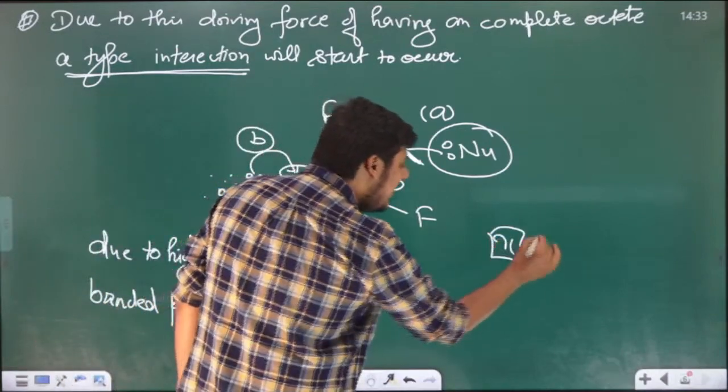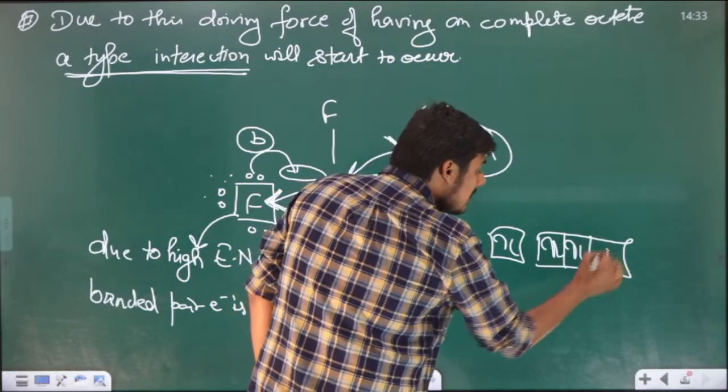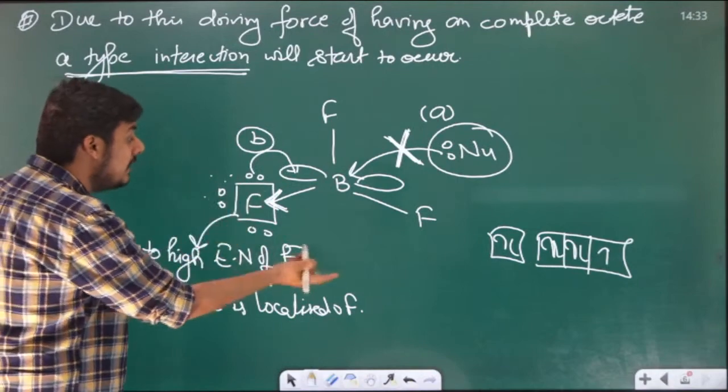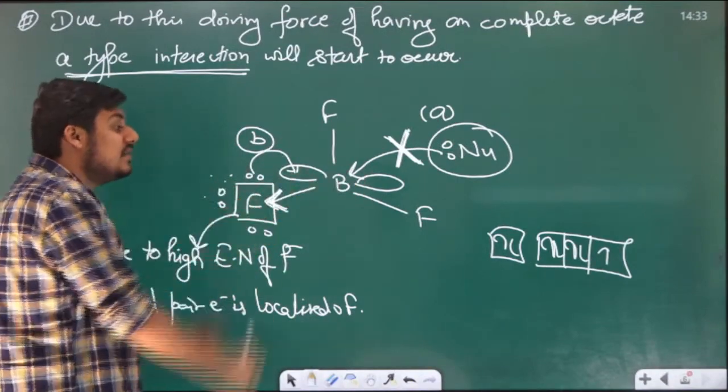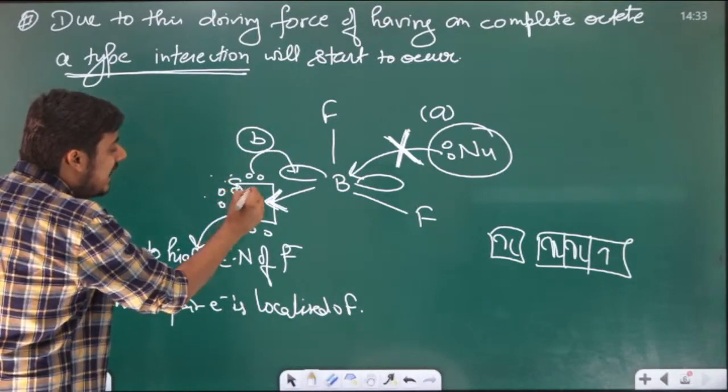And look at fluorine. Fluorine was already having 7 electrons in its valence shell. Now it has brought one more in its valence shell, closer to it. That will definitely bring some delta negative to it.